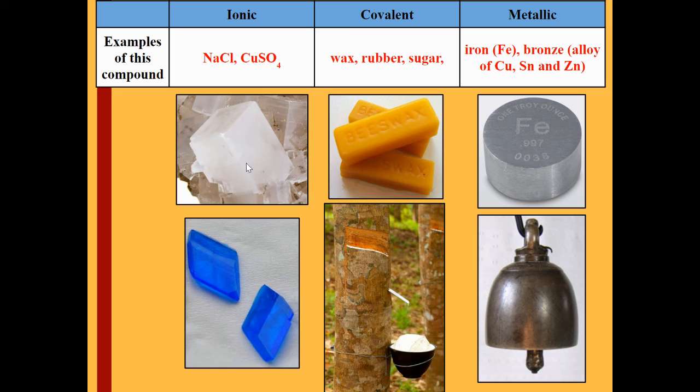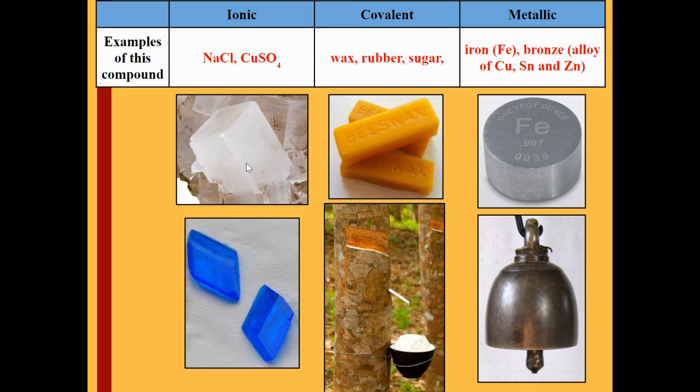Examples of these different types: ionic include sodium chloride, our top picture there, and copper sulfate, the bottom picture. You can see they have these nice crystalline structures because of their crystal lattice, that regular repeating pattern. Covalent compounds include things like wax, rubber, and sugar.